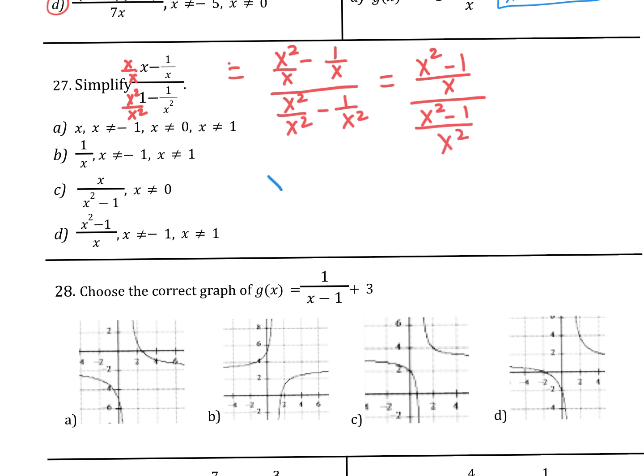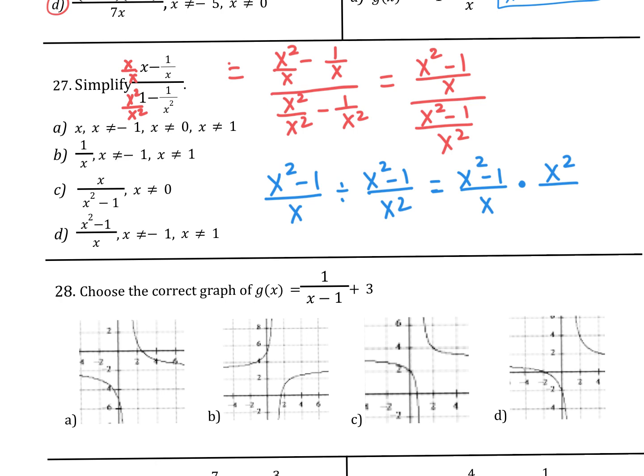So what we have here is x squared minus 1 divided by x, divided by x squared minus 1 over x squared. Change the division sign into multiplication, and it will flip the fraction on this side.